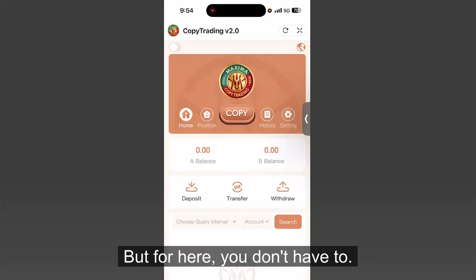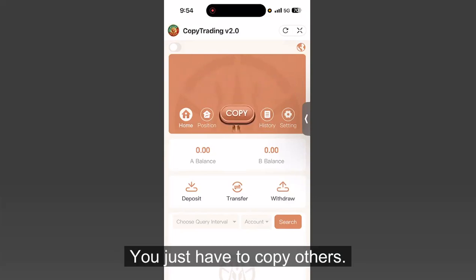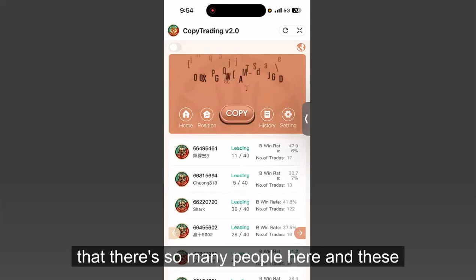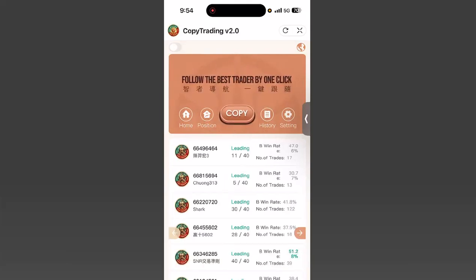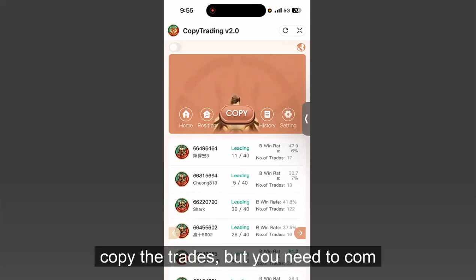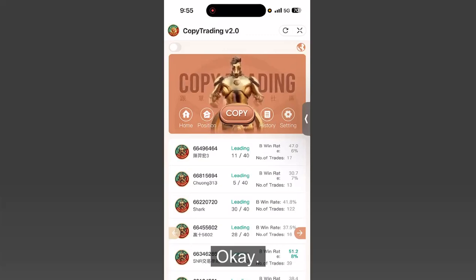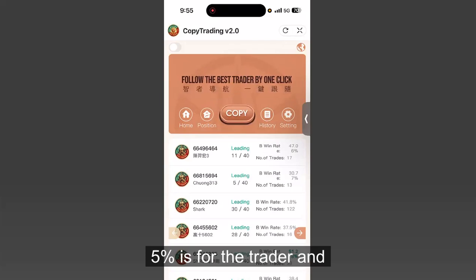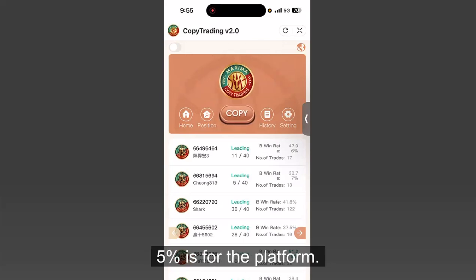But here, you don't have to. You just have to copy others. Tap on the copy, and you can see there are so many people here, and these people are the traders. They are the copy traders for you to copy, but you need to pay them 10% commission. They don't take all of the 10%: 5% is for the trader and 5% is for the platform.